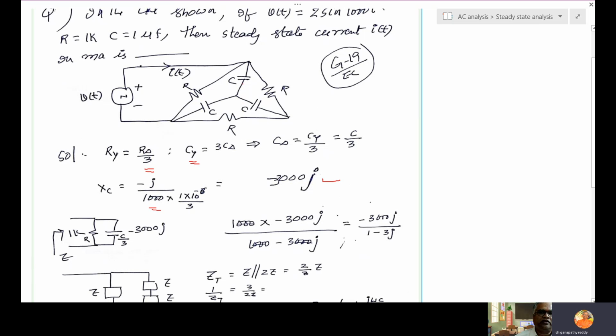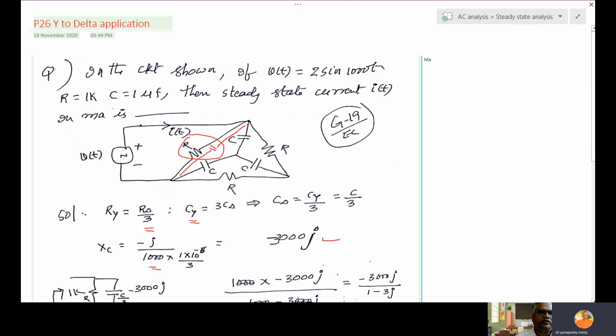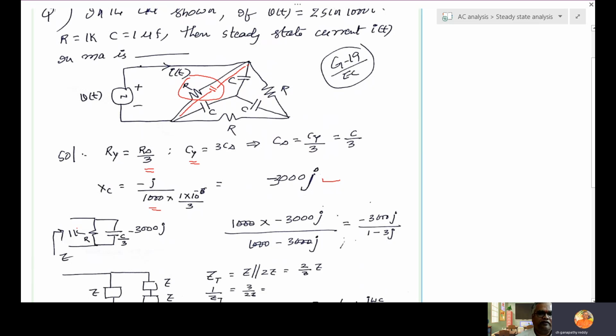Now after this, change star to delta. This capacitor will come like this, and this capacitor, both are in parallel. The value of R is given as 1K, capacitor reactance minus 3000j.